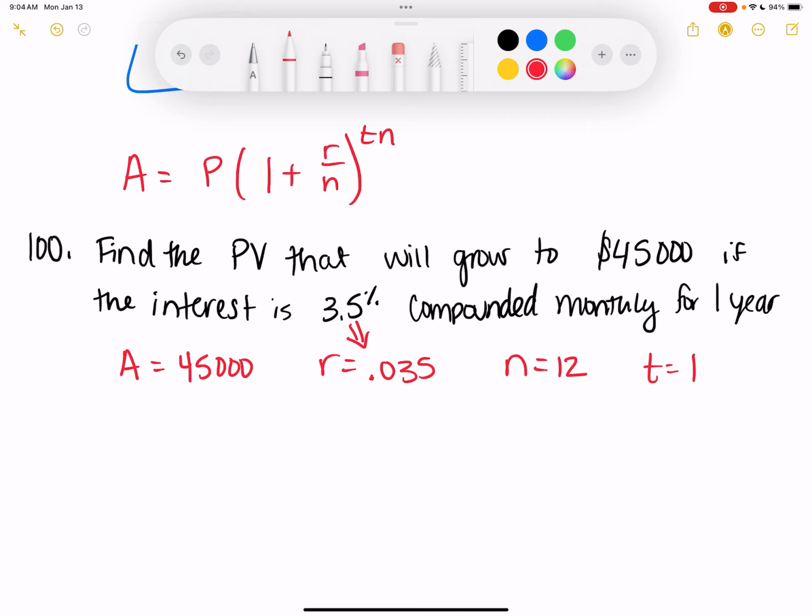Then ultimately, the only thing in my formula that I don't have a number for is p. So p is what I'm solving for. In that formula, if I start plugging stuff in, I've got 45,000 equals p times 1 plus 0.035 over n, which is 12, raised to the t times n, so that's just 1 times 12.